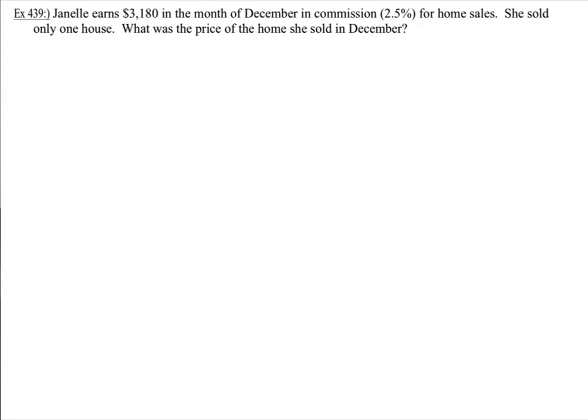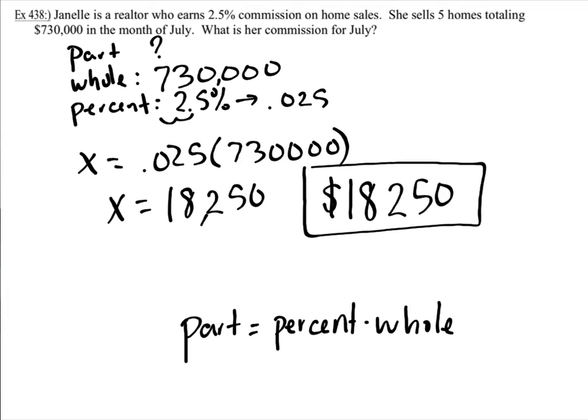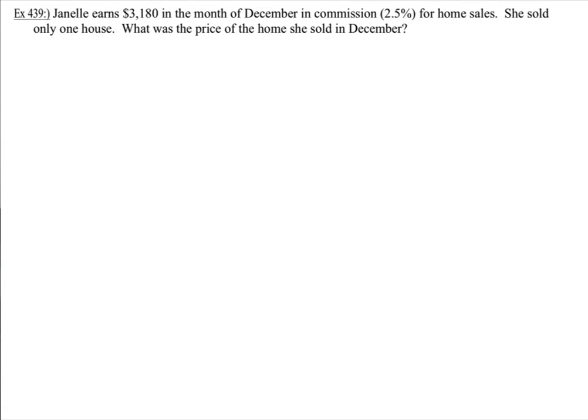All right, next example. Janelle earns $3,180 in the month of December in commission, which is 2.5% of home sales. She sold only 1 house. What was the price of the home she sold in December? So in July, by the way, she got a lot of money that month, over 18,000. December was a lot lower with 3,000. So the part here is the money she made.